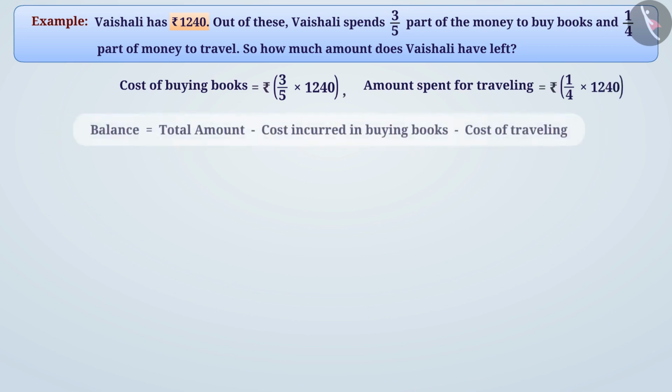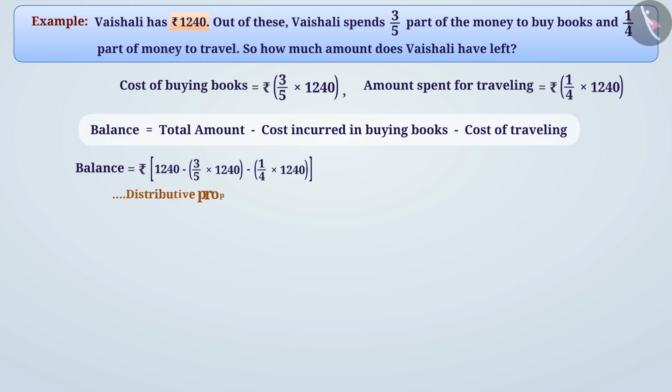Hence, the balance is equal to total amount minus the cost incurred in buying books minus the cost of travelling. Balance is equal to 1240 minus 3 by 5 multiplied by 1240 minus 1 by 4 multiplied by 1240 rupees.